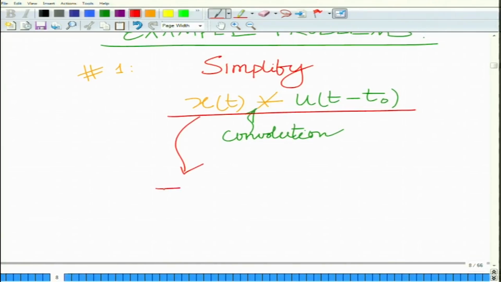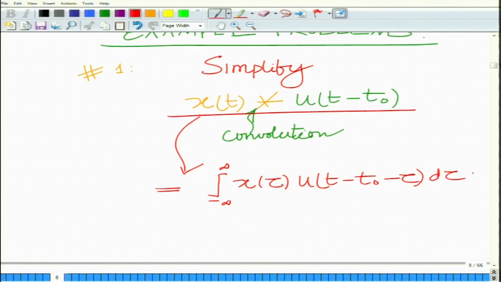As you have seen, x(t) convolved with y(t) is the integral from minus infinity to infinity of x of tau h of t minus tau, so it is x of tau u of t minus t naught minus tau d tau.